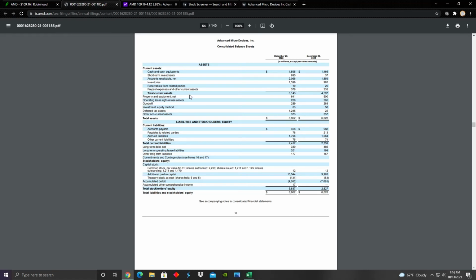But total current assets is usually in reference to assets that are going to be turned into cash within this next year. So we would have to see how much of this $2 billion actually gets converted to cash. We can see their total assets were $8.9 billion at the end of 2020.